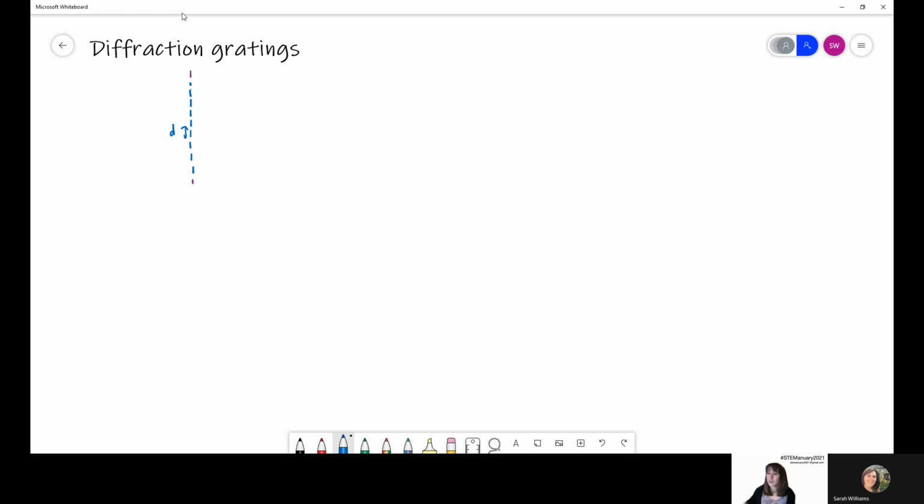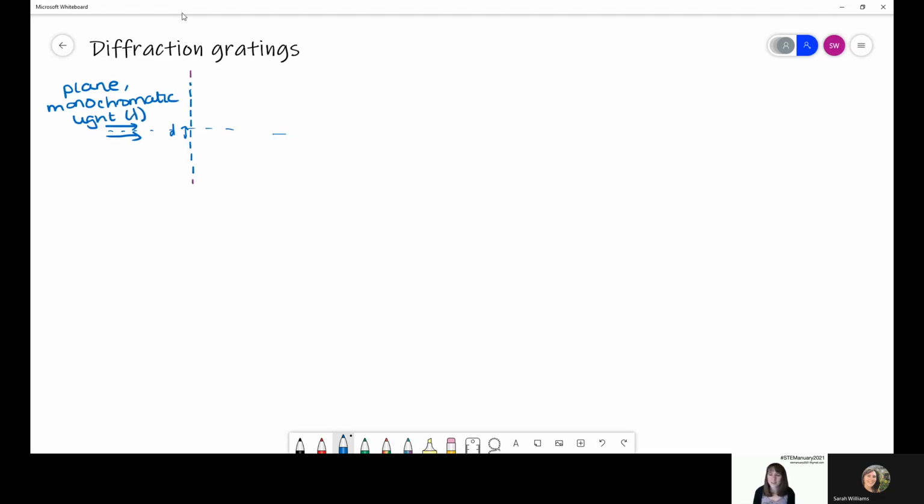So now let's assume that, so this is going to be my normal direction. So we've got coming in, again, plane monochromatic light, so a single wavelength, lambda.